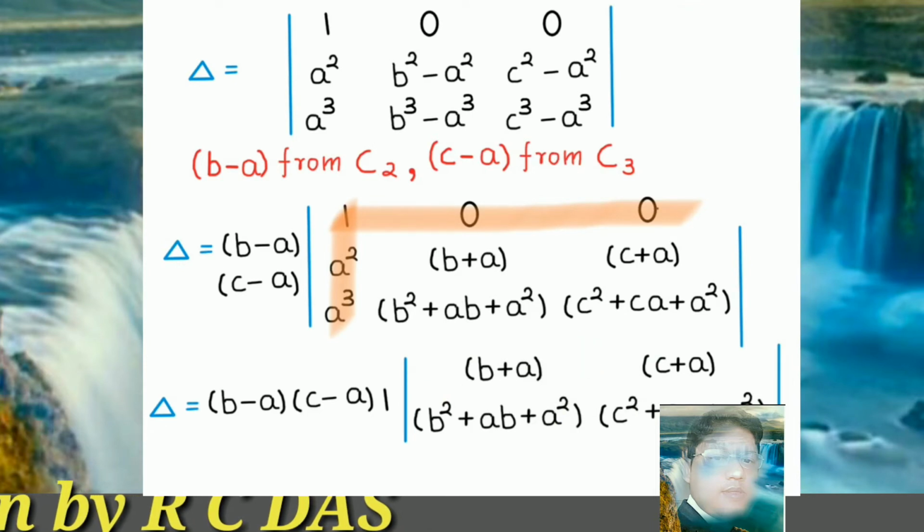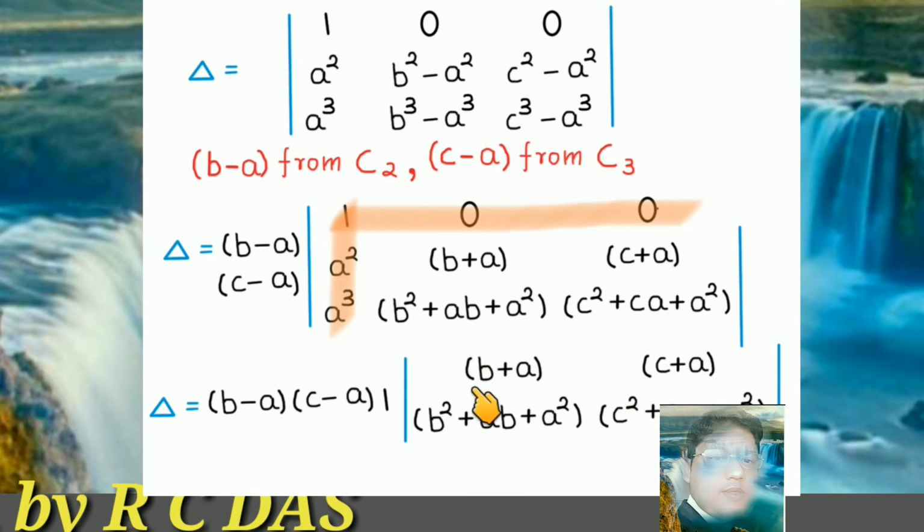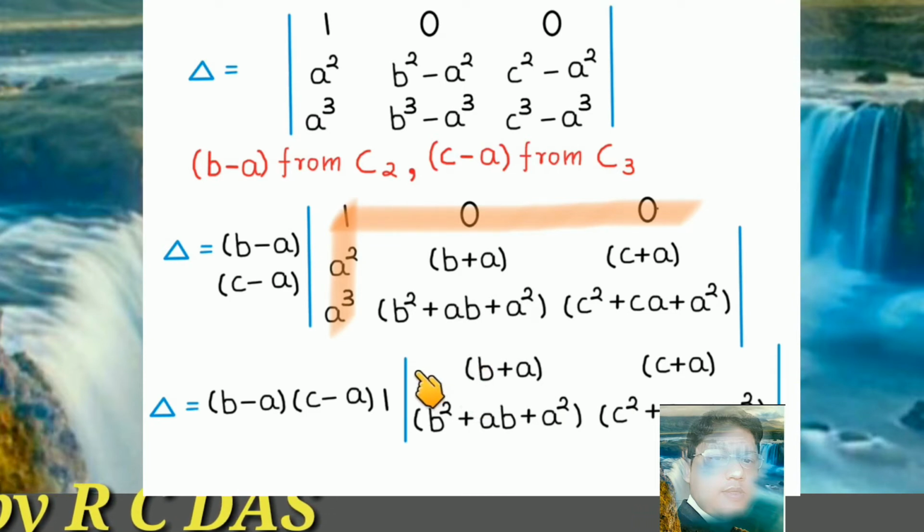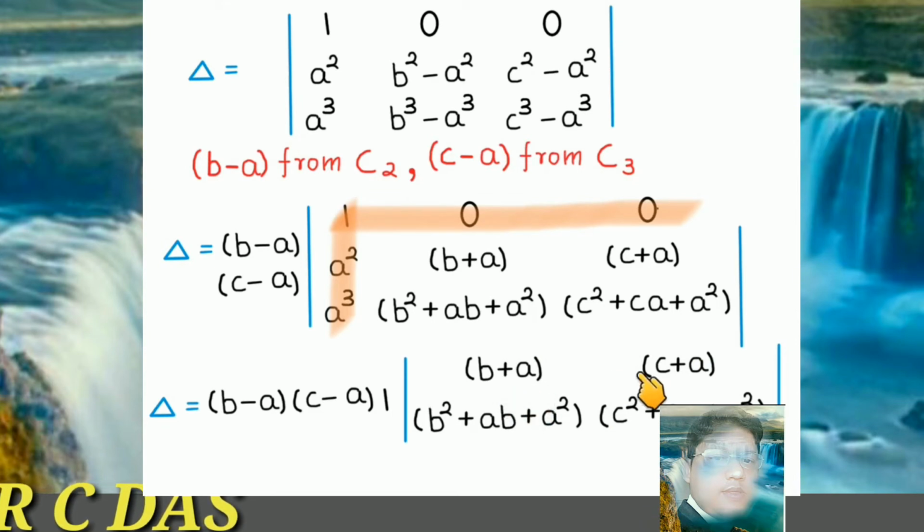So look here, the remaining portions become like this. Inside the determinant b plus a, c plus a, and the remaining portions b square plus ab plus c square, and the remaining portions you have to write as it is.